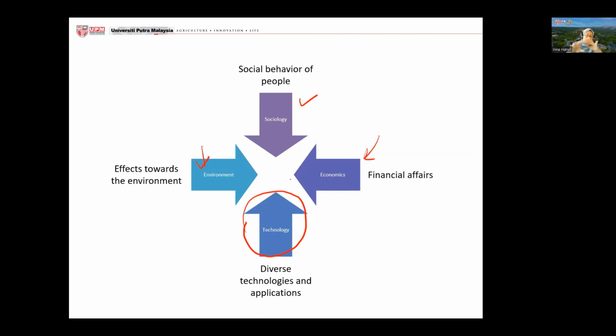And encompassing all of this is the availability of many different technologies and applications. You've learned before about trying to do zero waste, for example, waste to energy. These sort of things, you try to make use of something that is non-usable into something that can actually make profit.